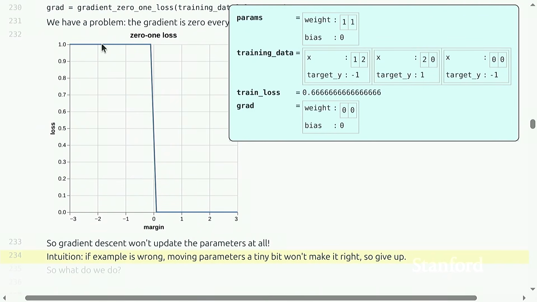And the answer is not at all. You can't make small changes to your parameters and move the zero-one loss. You have to move it a lot to get from over here to over here. But there's nothing you can do over here. So local notions just don't work.